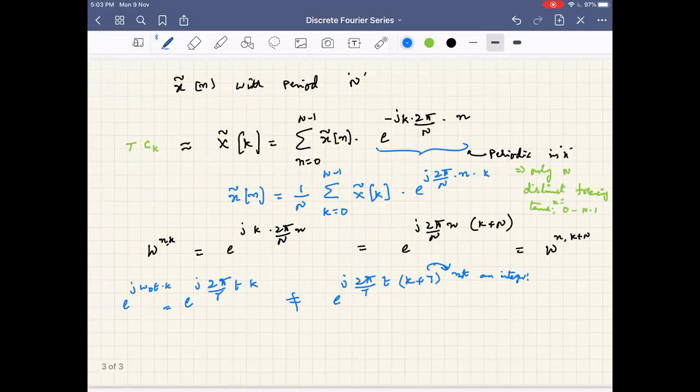Whereas here, to synthesize the content of the time domain, what we need is only one period of frequency domain information, or the frequency coefficients, right?